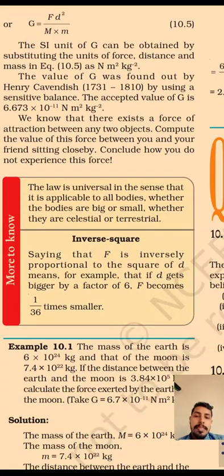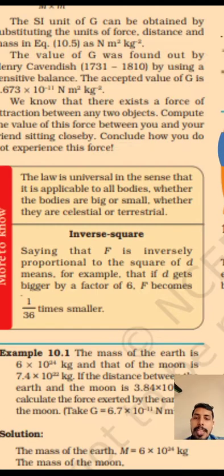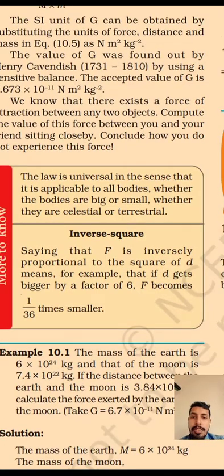In the box, they are saying inverse square. They are saying force is inversely proportional to the square of the distance. Means, for example, if d gets bigger by a factor of 6, then force is directly proportional to 1 by d square.